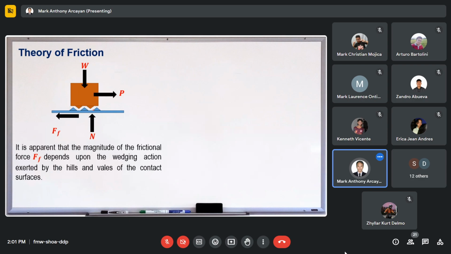So where are the hills and valleys in our figure? This is exaggerated, class. These hills and valleys contribute to what we call the wedging action, which holds back the object so it does not move. So we found out that the frictional force FF depends on this. And this wedging action also depends on the normal force N, the normal pressure the object exerts on the surface, and by Newton's third law, the amount of force the surface exerts on the object.